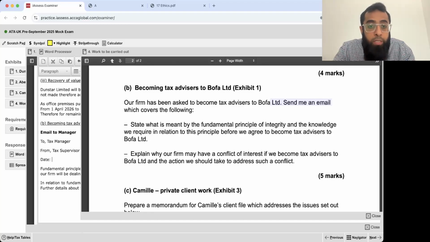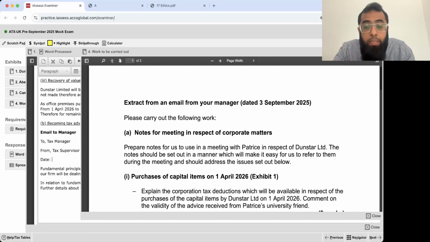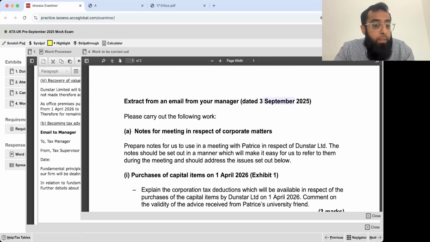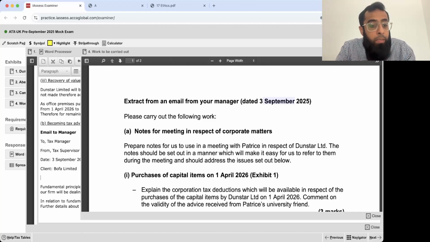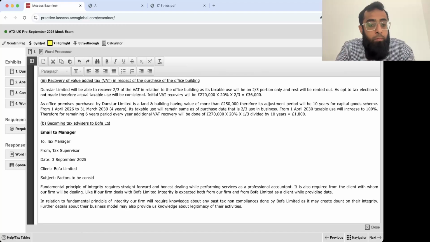Date, it was given at the start, 3rd September 2025. Client we are talking about now is BOFA Limited. Subject: factors to be considered before accepting BOFA Limited as a tax client.